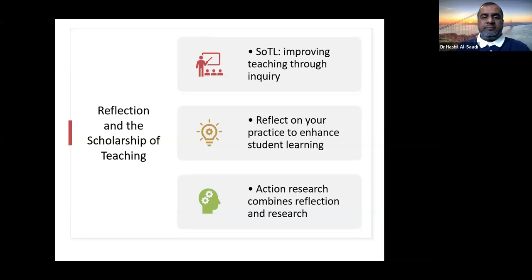That is also a type of action research or practitioner research, sometimes called teacher research, or classroom-based research. It has different names. So this is a kind of reflective practice that teachers can also be involved in.